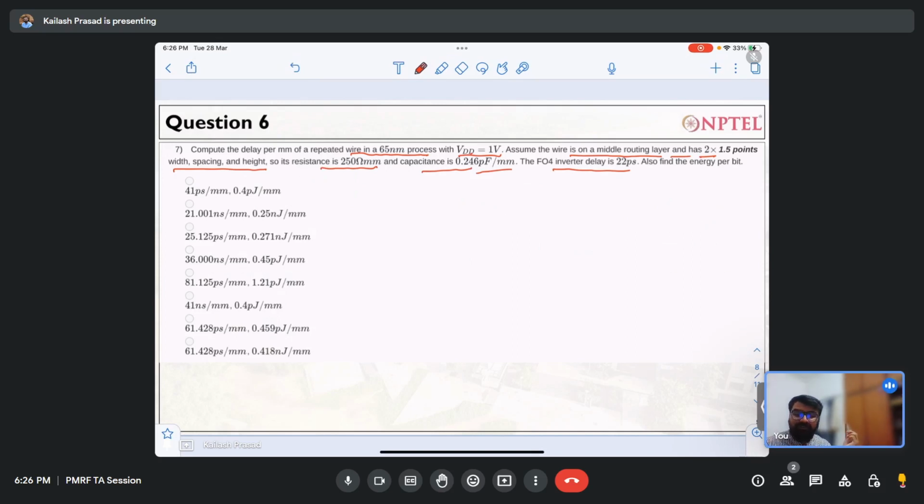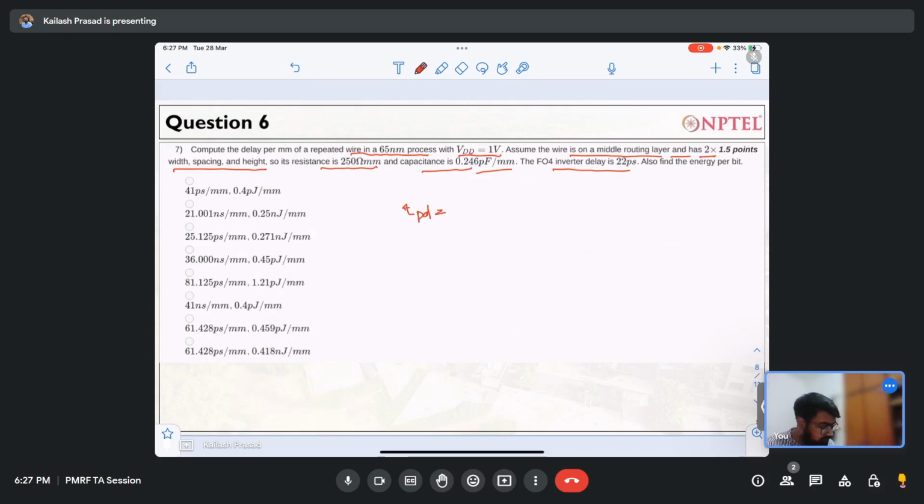For finding the energy per bit, you first have to find out what your TPD will be, because the question asks that you first find the delay per millimeter and then the energy per bit per millimeter. This has been discussed in the class, and I will directly write the formula for the TPD, as there is a derivation corresponding to this.